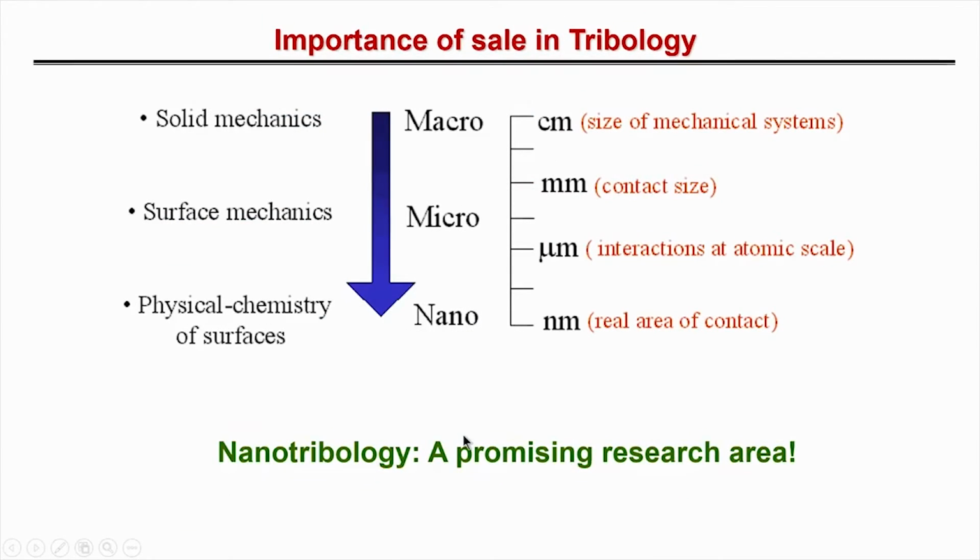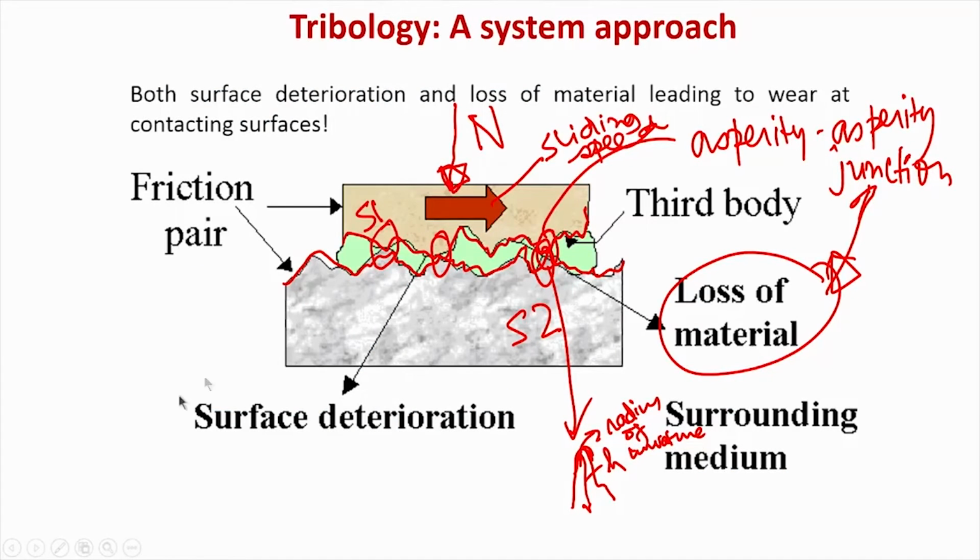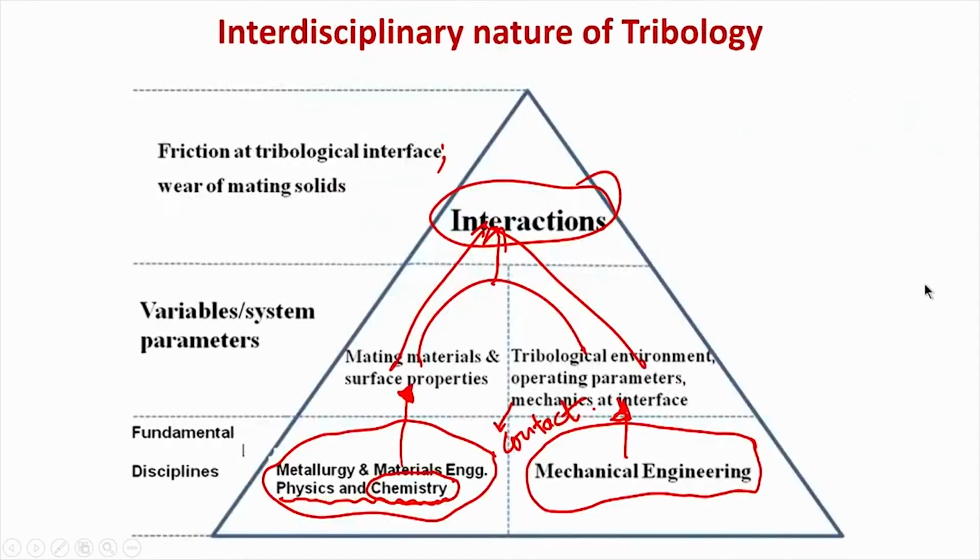So, the importance of scale in tribology. If you start with the physics and chemistry at the surface, it is the nanoscale. You have the real area of contact. If you go back to the previous slides where I have shown, this is the nanoscale interaction.